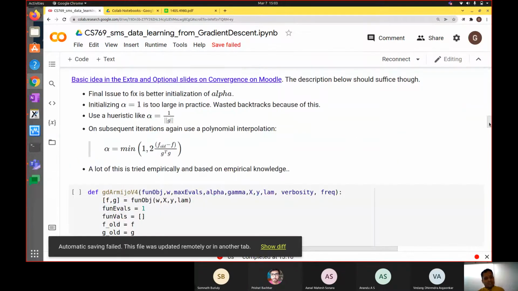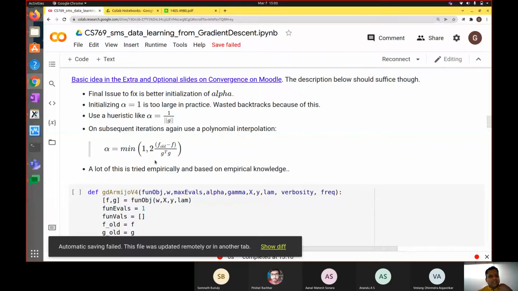So this version 4 seems to be a good idea. It uses a heuristic, basically alpha as 1 upon norm g, the gradient. Think of this as 1 upon the Lipschitz continuity factor b, but you don't have access to b, so you are using norm g.